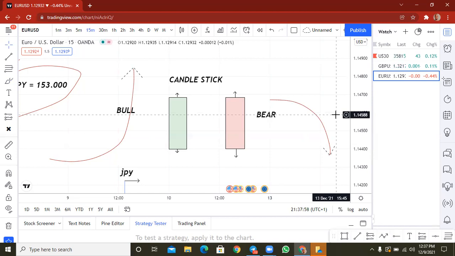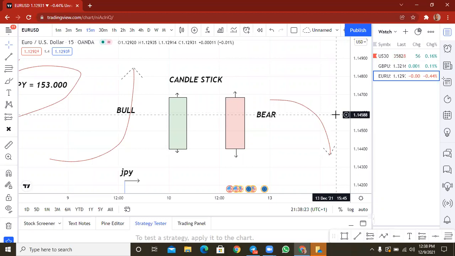It pounces on its prey. From up, it jumps and pounces down, or it uses its hand, but that's a downward direction. So we know that anything bearish is downtrend, is falling, is reducing in value. That's why we have two types of candle: the bull candle and the bear candle.